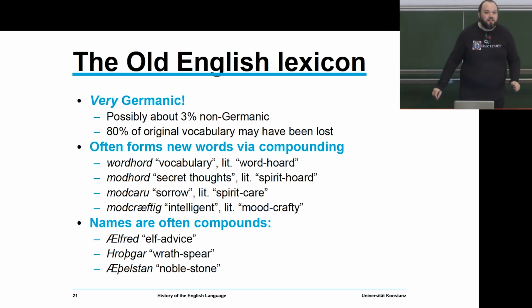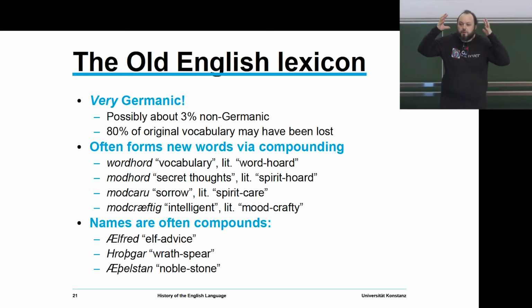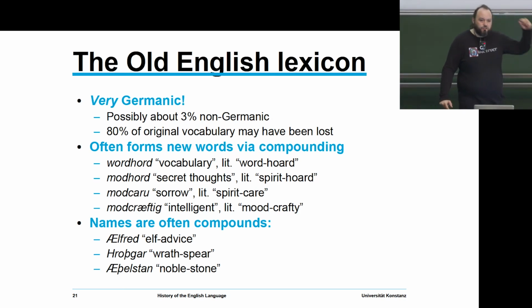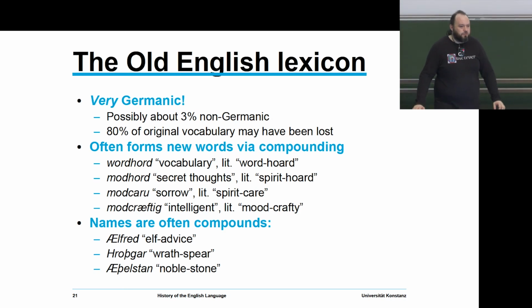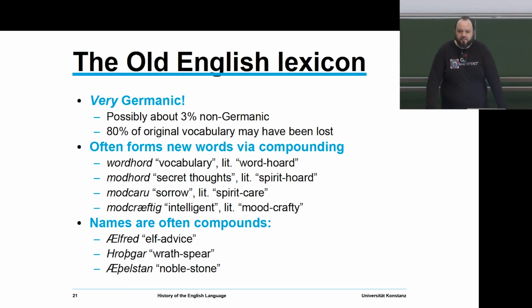And this is, again, a hoard of stuff that you keep in your mind, in your mod. So these are your secret thoughts, right? There's like a secret room in your head where you put all of the thoughts, and these are there in your mod hoard. So these compounds can be very, very evocative.